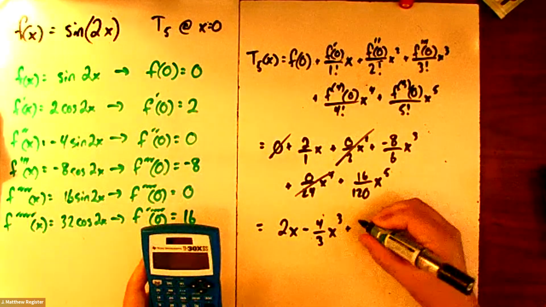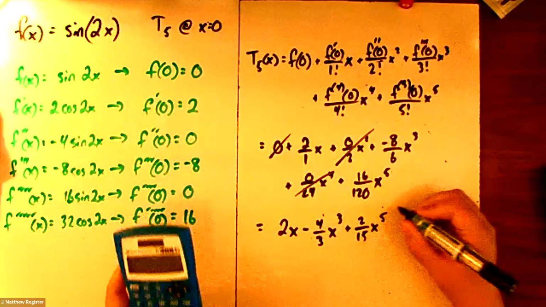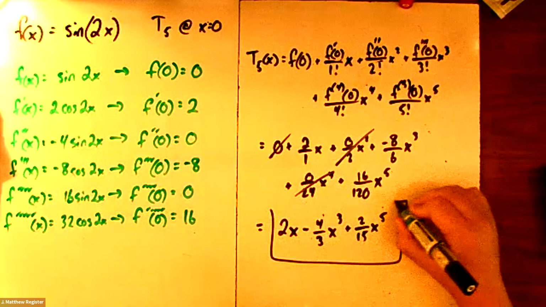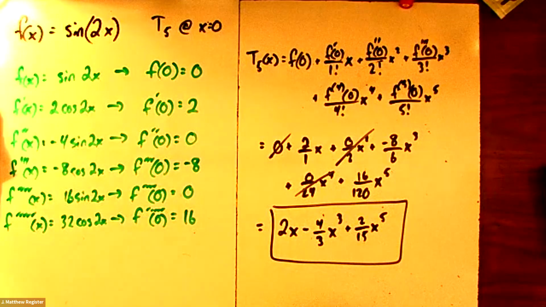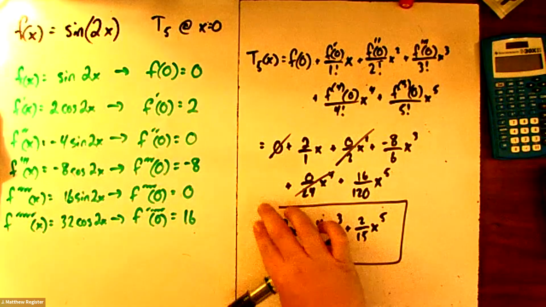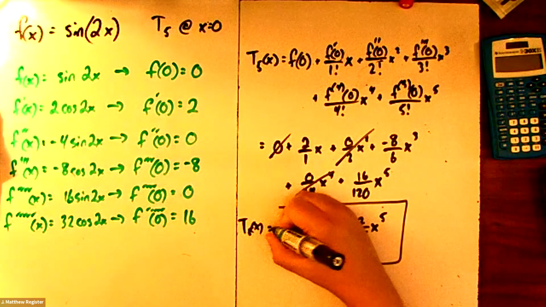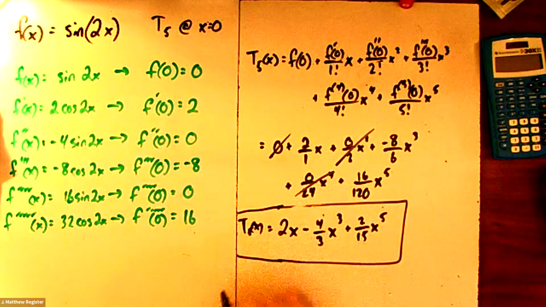So this would be plus 2/15 x to the 5th. And so in theory, this function right here should be a very good approximation for sine of 2x.